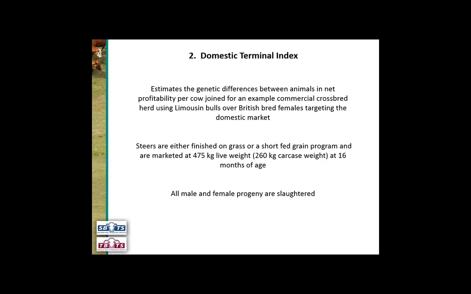So this index estimates the genetic difference between animals in net profitability per cow join for an example commercial crossbred herd using Limousin bulls over British bred females and targeting the domestic market. Steers are either finished on grass or a short-fed program, marketed at 475 kilos, about 260 carcass weight, at 16 months of age, for male and female progeny. So let's go and have a look at blue graphs, red graphs, and green graphs.